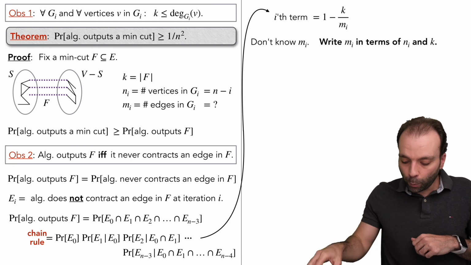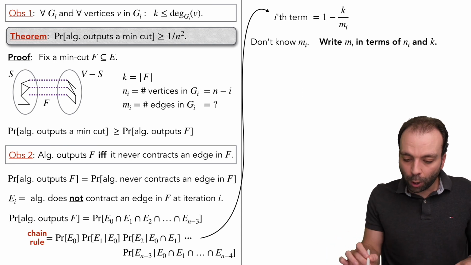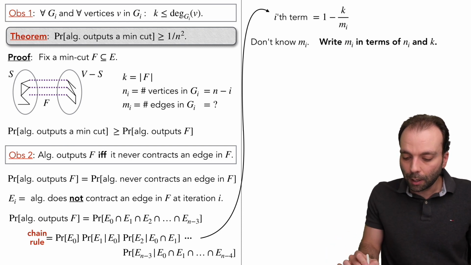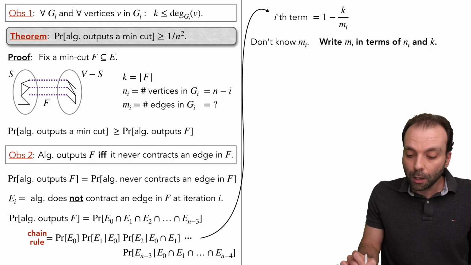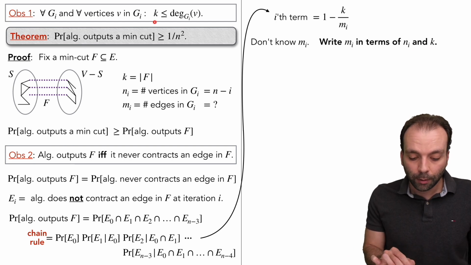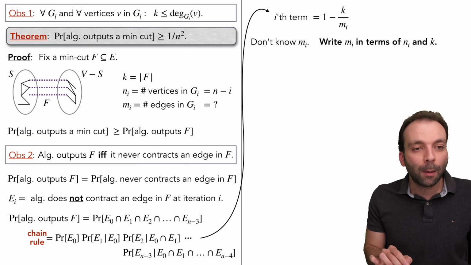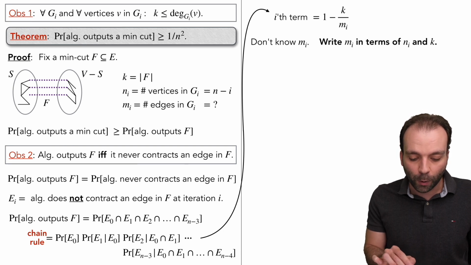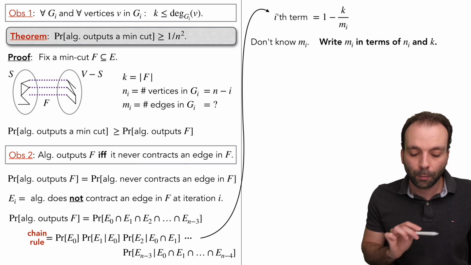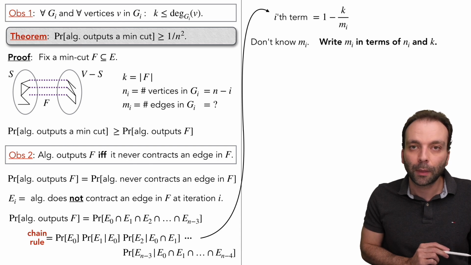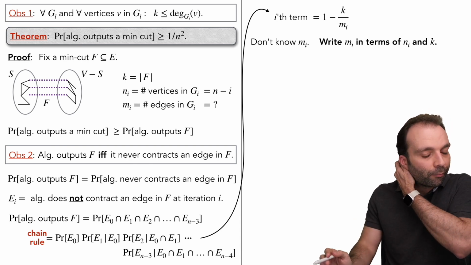Okay, so the important terms here are the number of edges, number of vertices, and k. But k we know. Let's go all the way back to the beginning, right? So observation 1, k is upper bounded by the minimum degree.